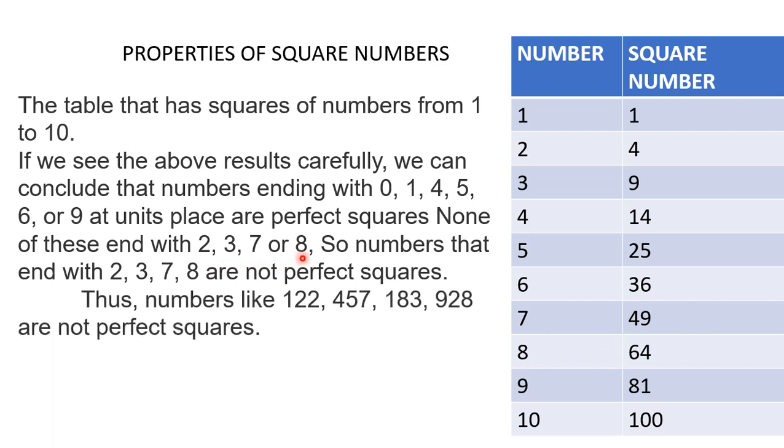For example, the given 122, 457, 183, 928 are not perfect squares. Why? Because the unit digits of these numbers are 2, 7, 3, 8. So numbers ending with 2, 3, 7 and 8 are not perfect squares.